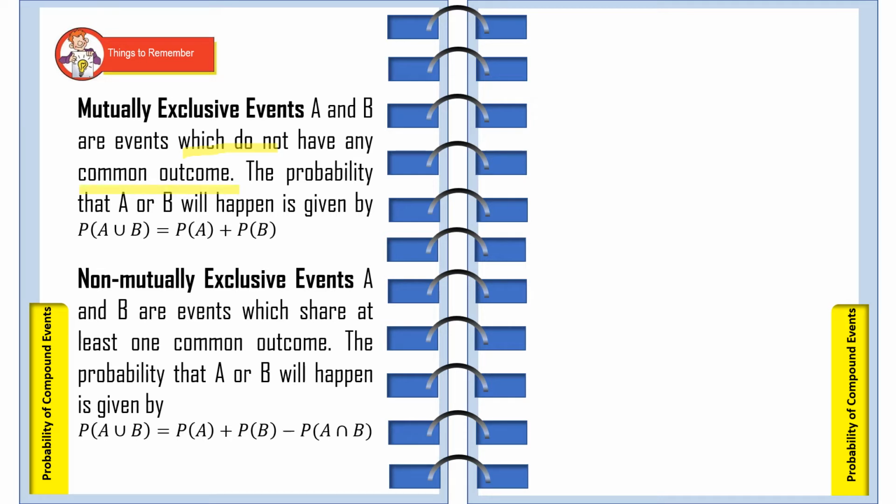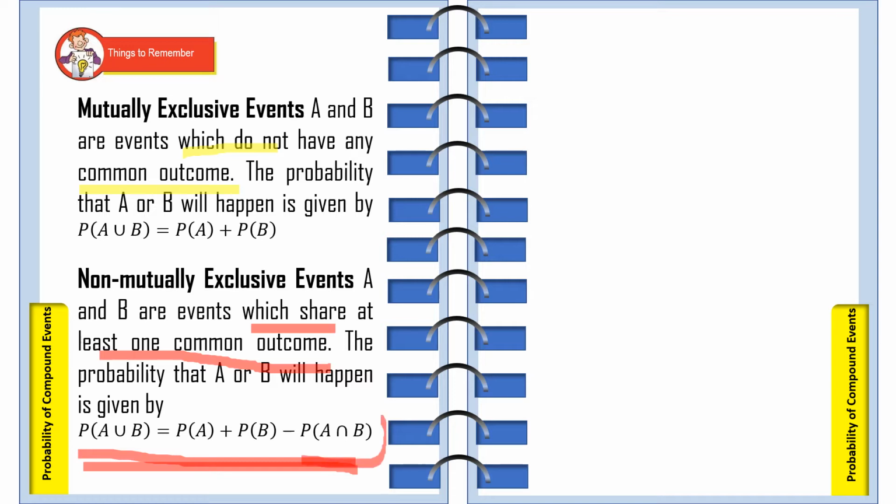Okay? Next is the non-mutually exclusive events. So, as you all know, counterpart ito. These are events which share at least one common outcome. So, the probability that A or B will happen is given by, so this will be our formula. Okay? So, P of A union B is equal to the probability of A plus the probability of B minus.